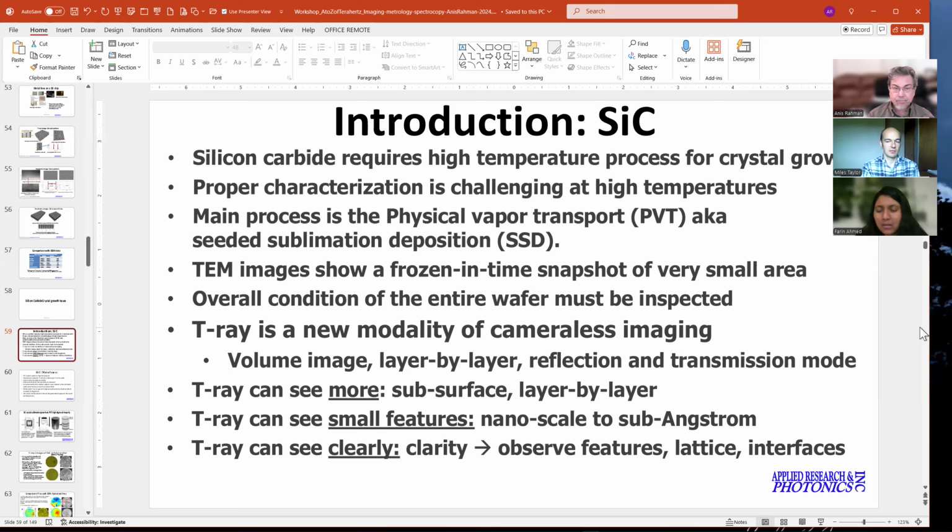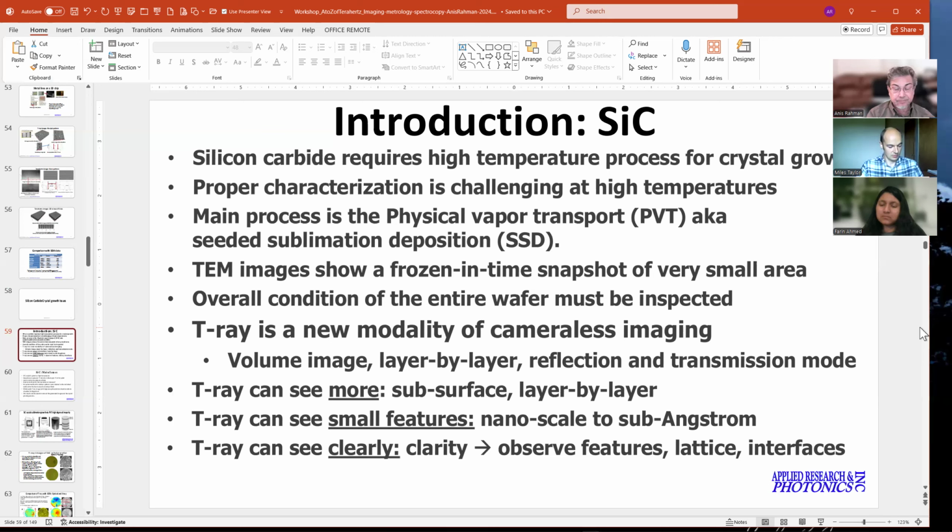It's not even 500 millimeters, it's more like 40, 50, 60 millimeters. Silicon carbide is very hard, so the wafer doesn't need to be as thick. The thickness can be thinner than silicon itself.